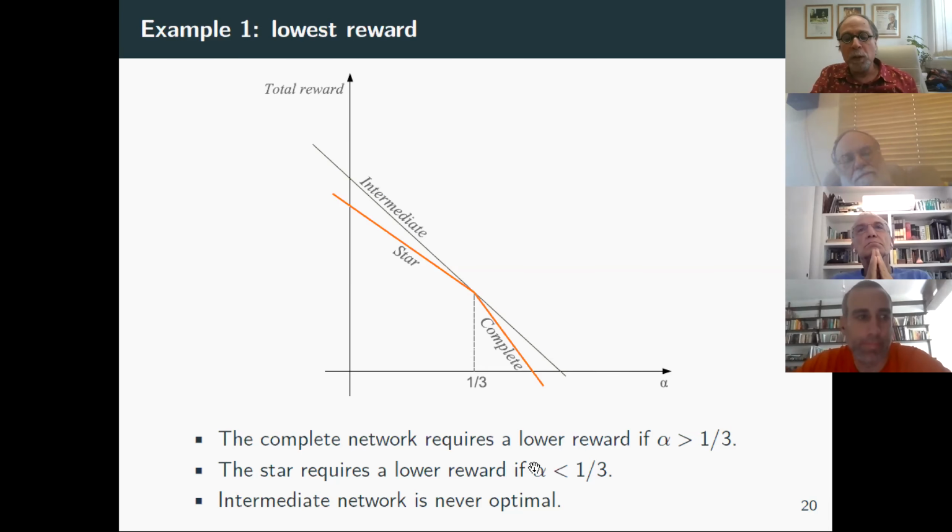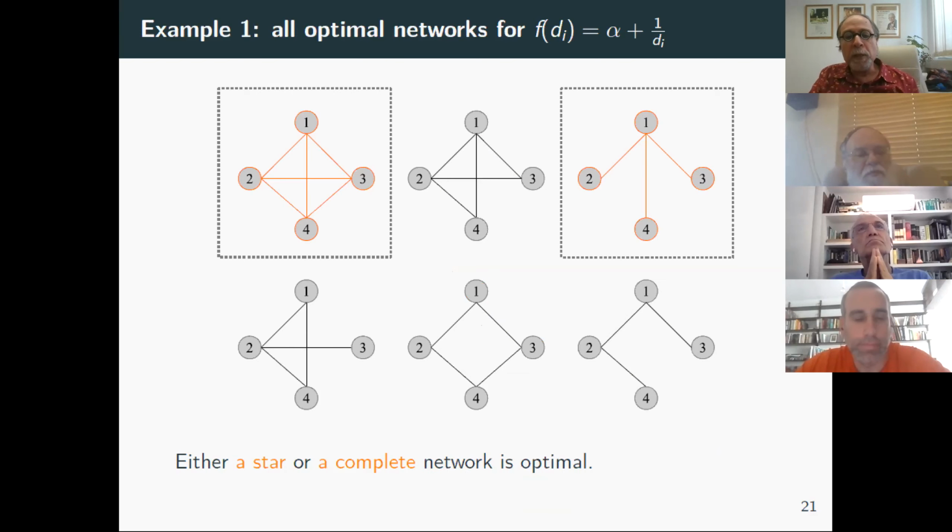It depends on the structure of the social utility function. But interestingly, if I put down all the 6 possible graphs up to symmetry, I showed you that for this particular function, only the left top network and the right top network are optimal.